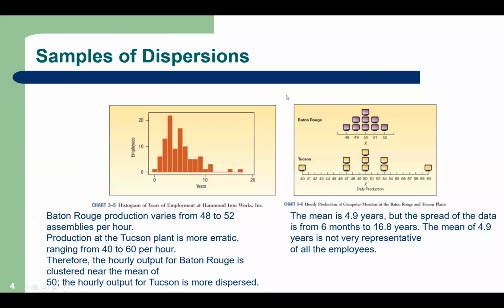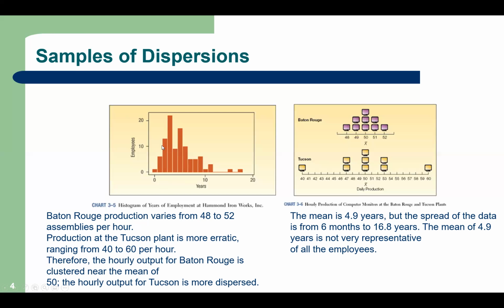If you see the Hammond Iron Works, the mean for this data is 4.9 years, which is the average years of service of the employees. But if you look at these bars, you can see some of the employees have more than 20 years of service.